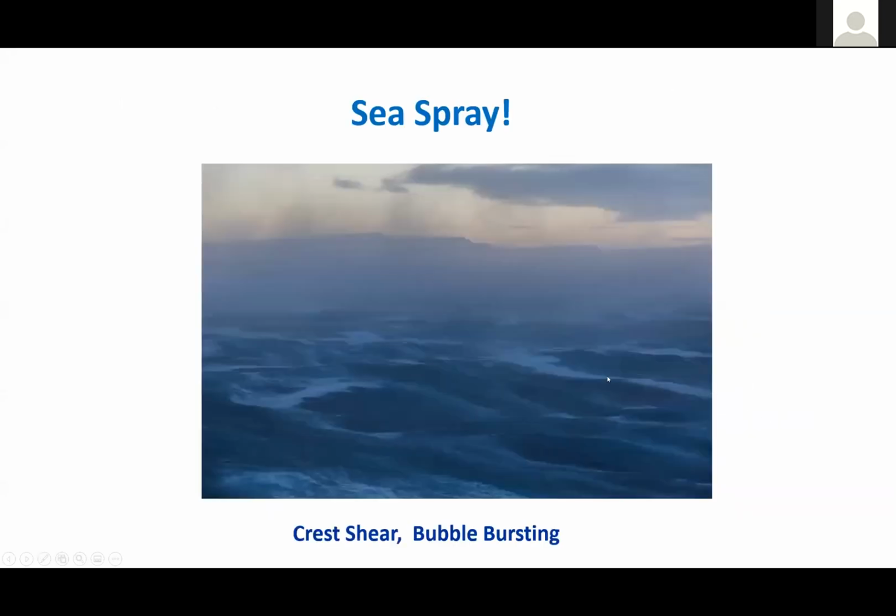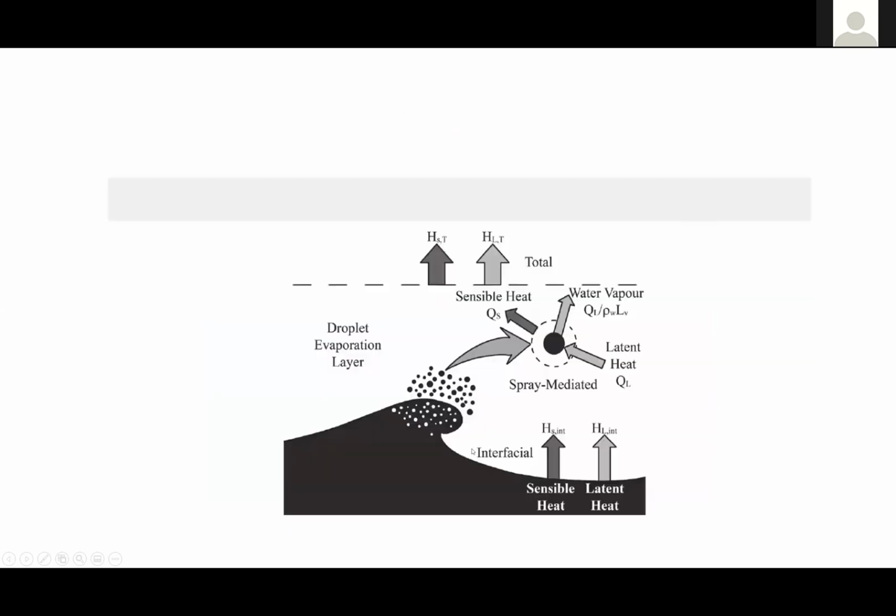So why are the breaking waves important? Well, it turns out to be important because of the generation of sea spray. This is a photograph taken there, and you can see this high density of sea spray that we're seeing here. I'll be talking a little bit about what that effect is. Basically, if you have breaking waves and droplet formation, you can enhance the total heat fluxes. You have the interfacial heat fluxes, sensible heat and latent heat.